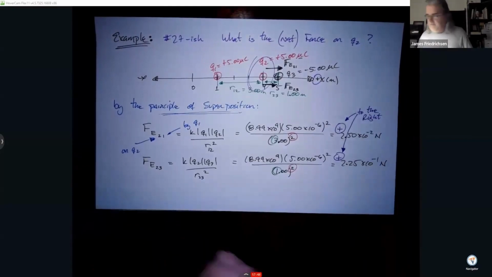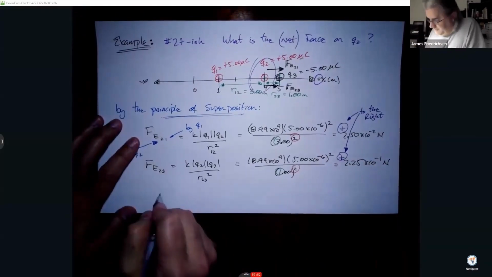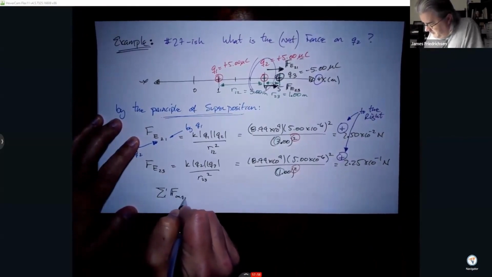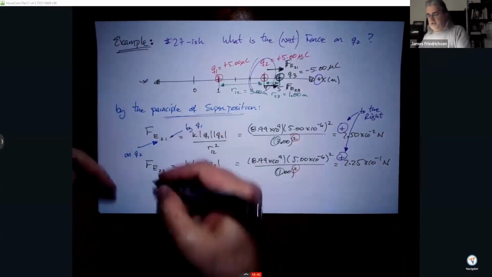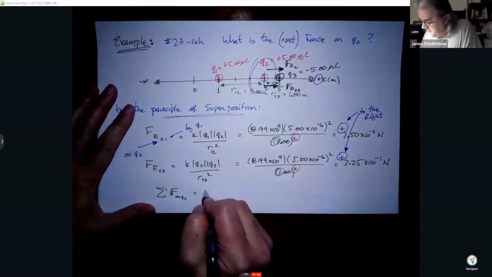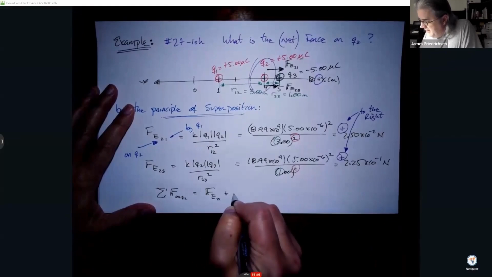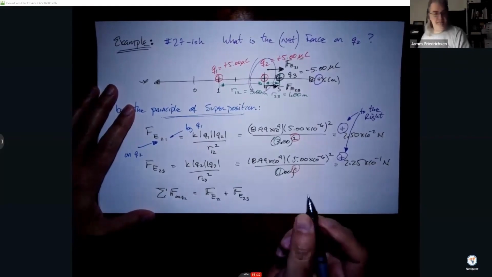And so then we can find our net force on charge 2. And so what this would be is the vector sum of these two forces. So this would be the electric force on 2 by 1 plus the electric force on 2 by 3.